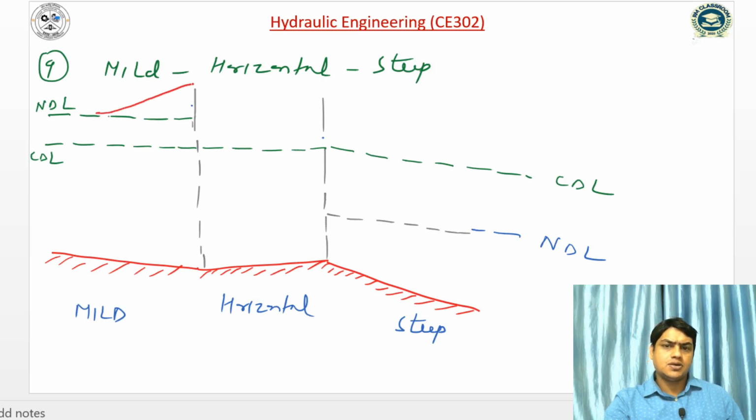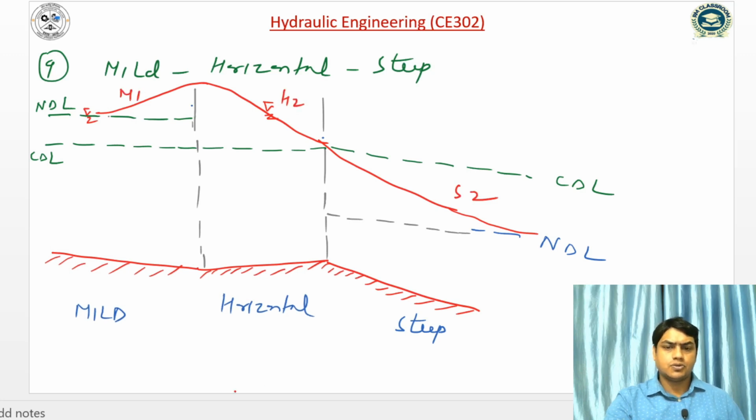It will be like that. Now it has decreased. Once again it decreases. So it will be M1, H2, S2.